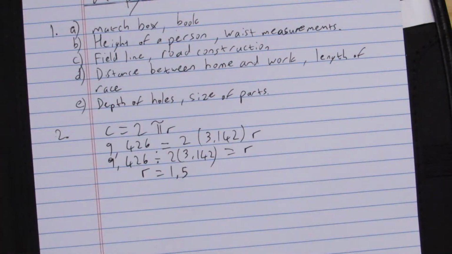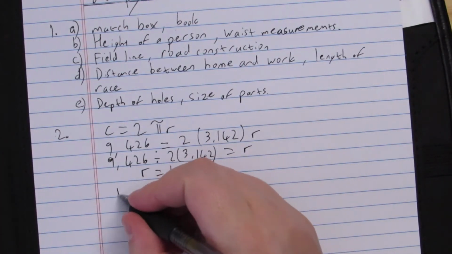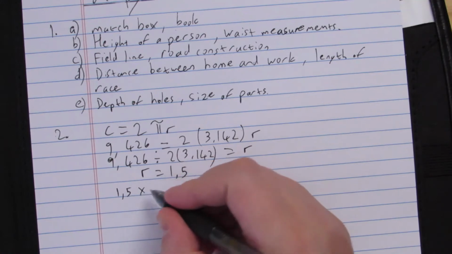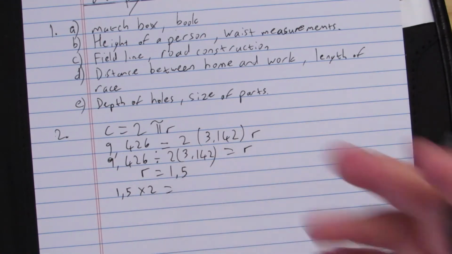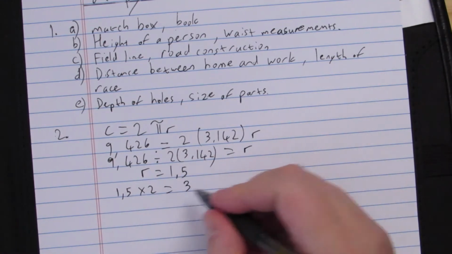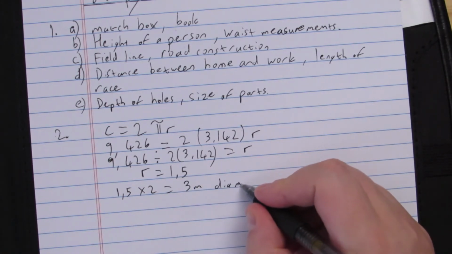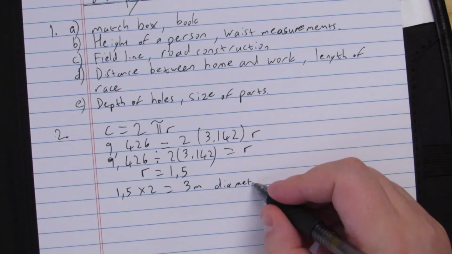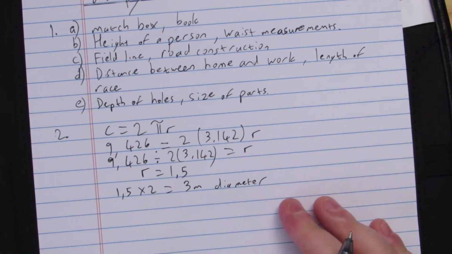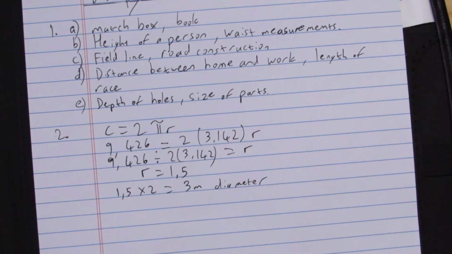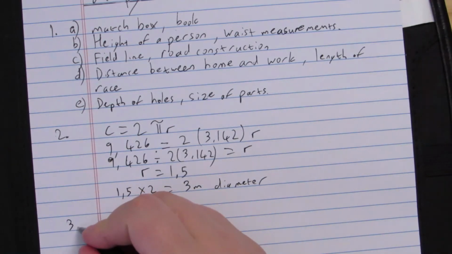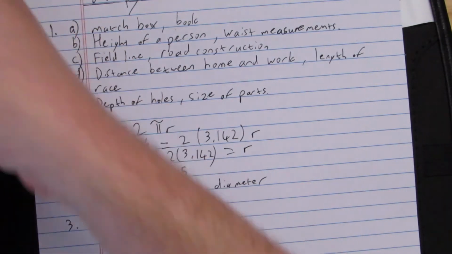The diameter is. So I need to take 1,5 and multiply it by 2, because the radius is half of that. So 3 meters diameter. It's a 3 meter diameter there, because they asked us for the diameter. Be careful about these things. Read the question. Always read the question.